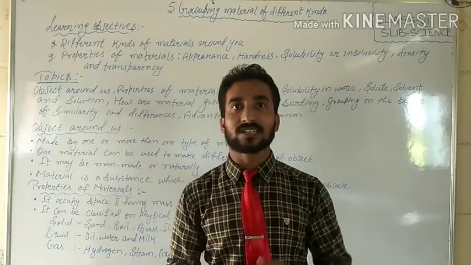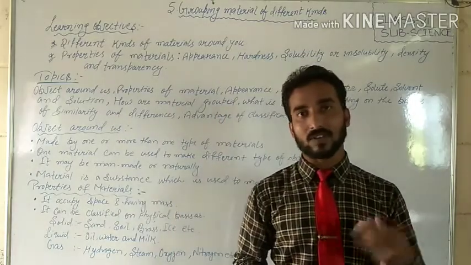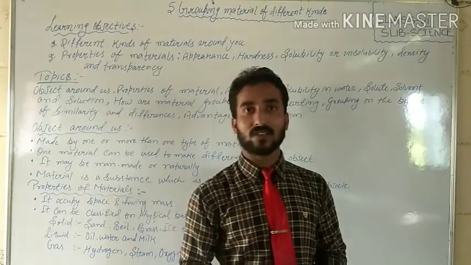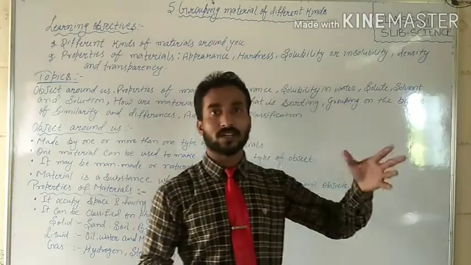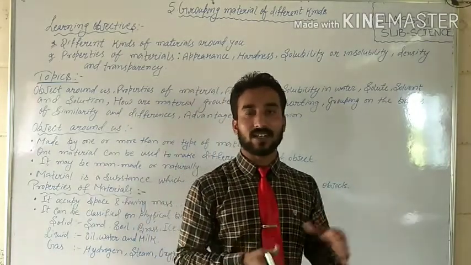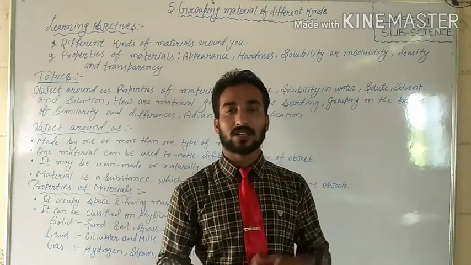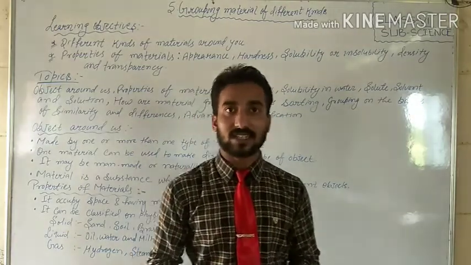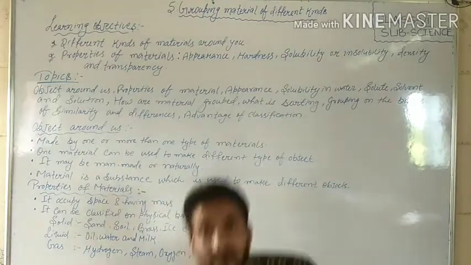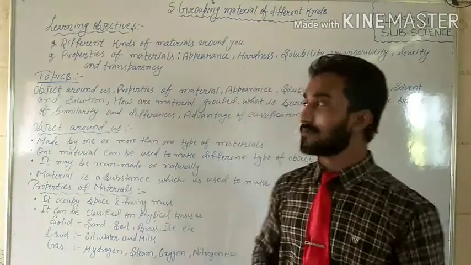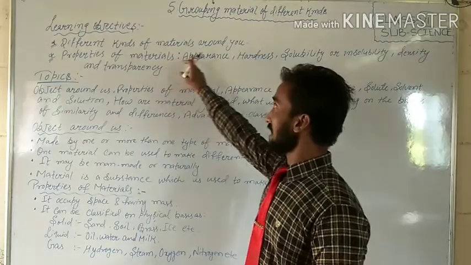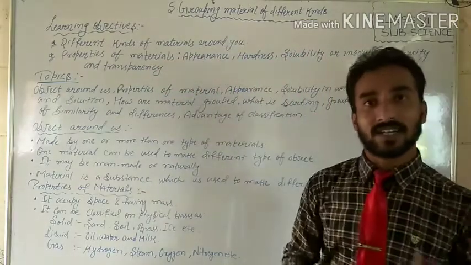Some are liquid, some are gas, some are solid. Am I right, students? Some are yellow in color, some are red in color, some are bitter, some are brittle. Different kinds of materials are there, students. So on the basis of properties, we will know about the different kinds of materials around you.